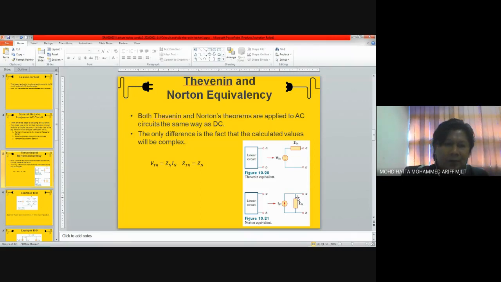And if you try to solve using Norton, you would like to find out the value of Zn. And basically Zn and ZTH are actually the same value.